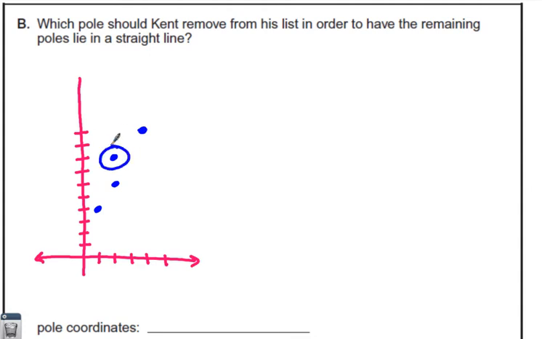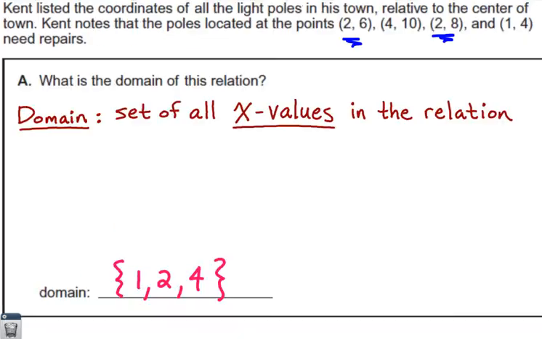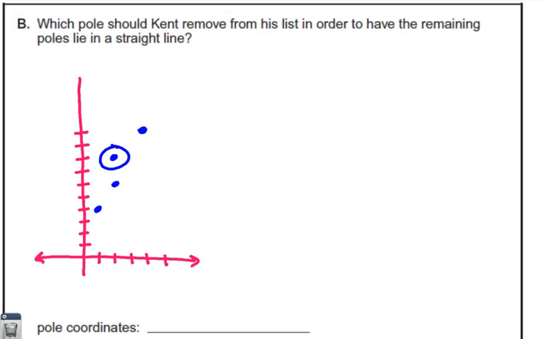If you wanted to double check, you could ask what's the slope from here to here, and from here to here. That would confirm it, but I'm going to go with 2, 8 just by my rough sketch of those plots, okay?